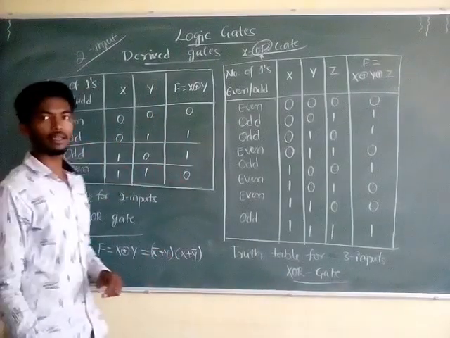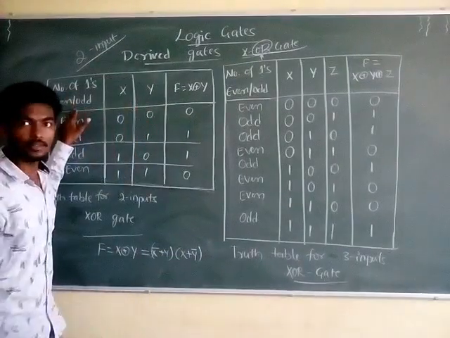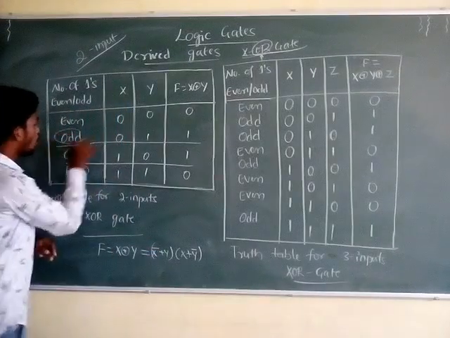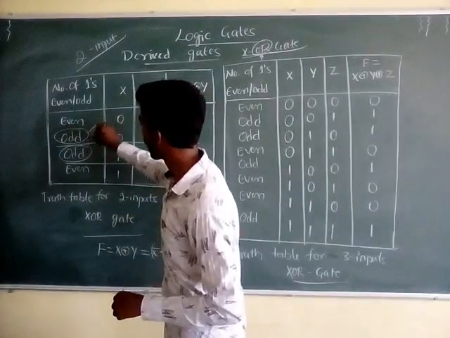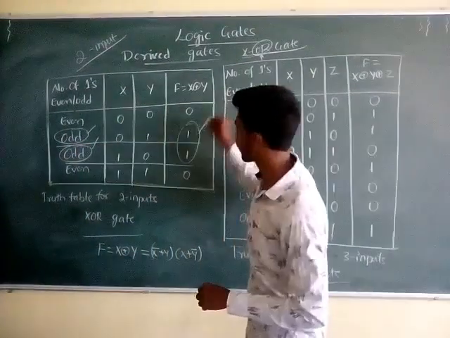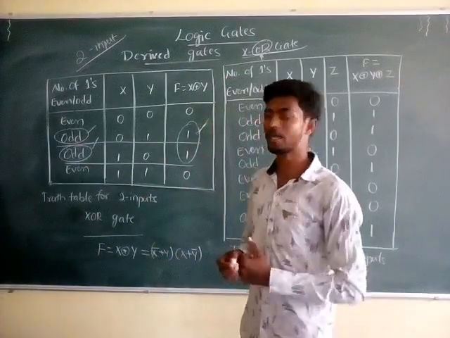In the truth table, we have added one more column, which says whether the number of ones is even or odd. When the number of ones in a combination is odd, only in that case will the output of the XOR gate be high.